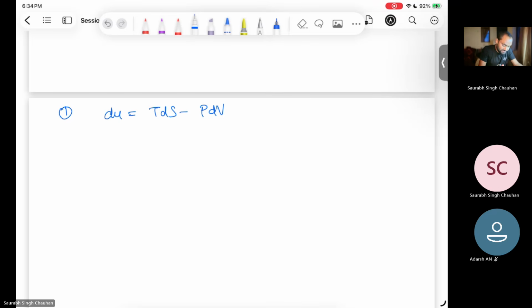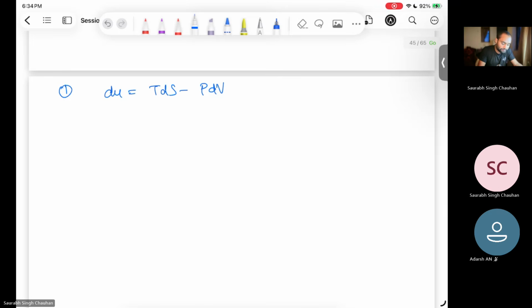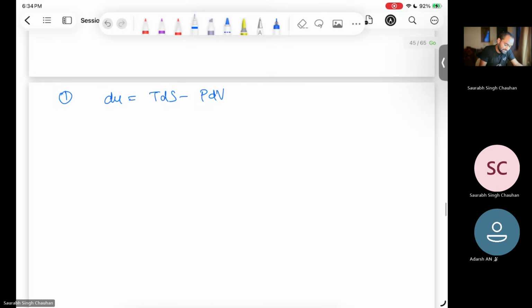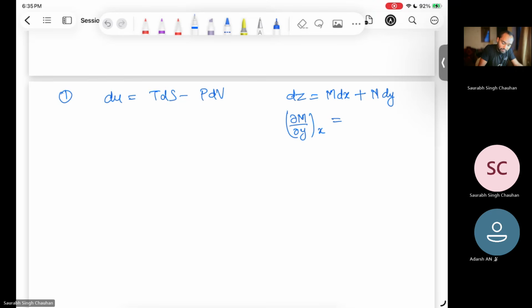Since U is a point function, this differential should be an exact differential. The definition of exactness was: if you write the differential of a particular thing z as M dx plus N dy, where M and N are functions of x and y, then the exactness condition is partial derivative of M with respect to y keeping x constant should be equal to partial derivative of N with respect to x keeping y constant.